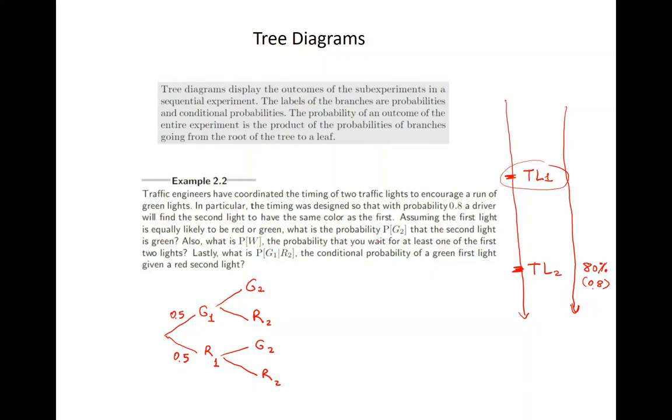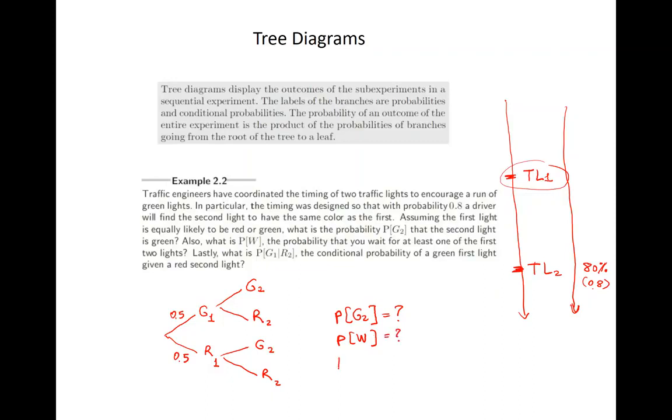And what is the probability of G2? So the second light is green. What is the probability of W, the probability that you wait at least one of the lights?